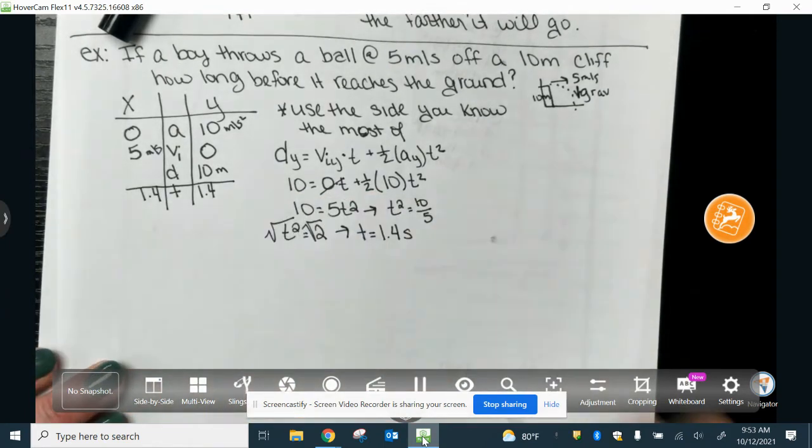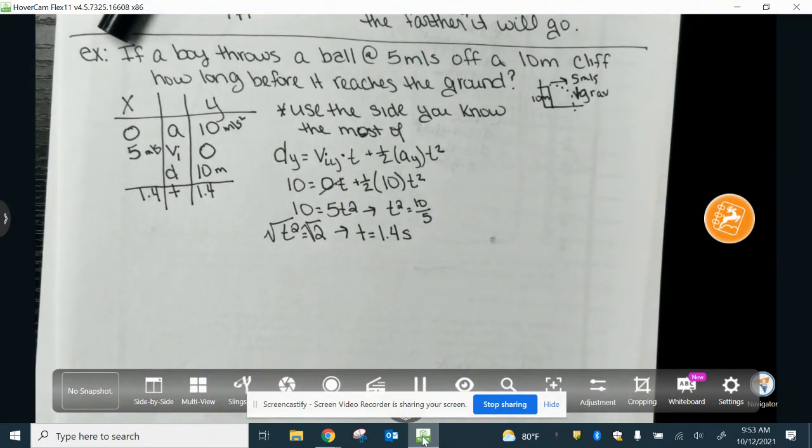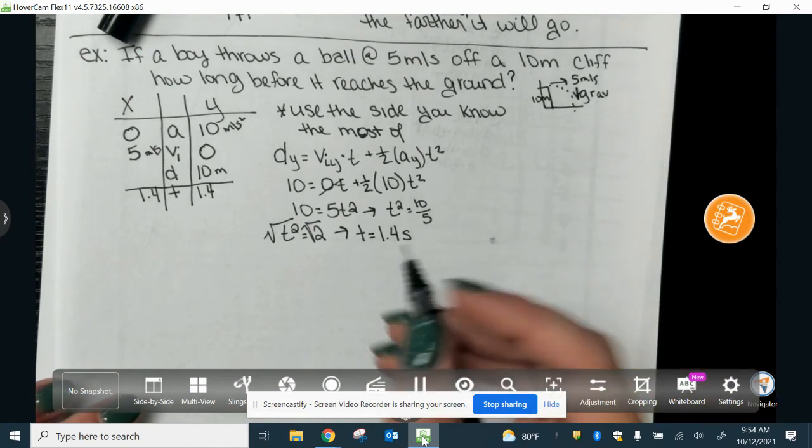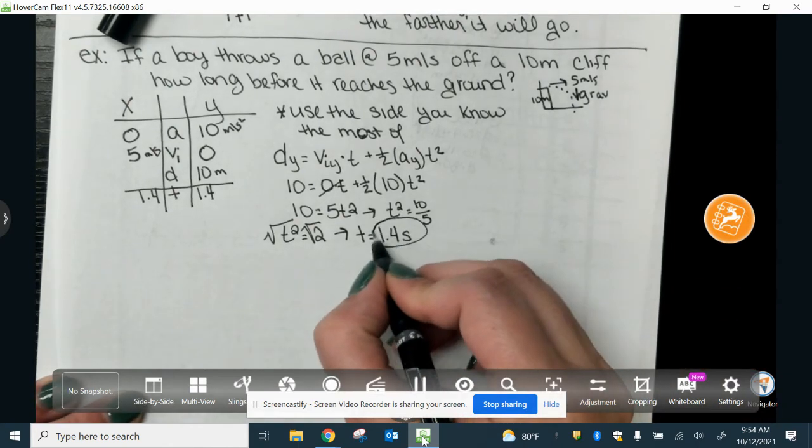Remember, my time is the same on both sides, so I can fill it in on both sides. So 1.4 seconds is that answer.